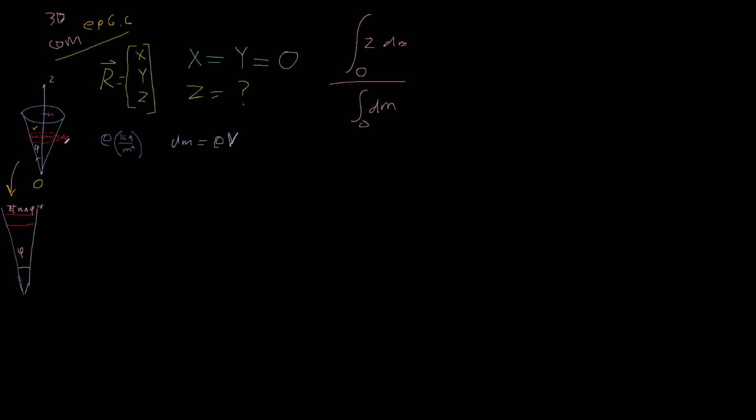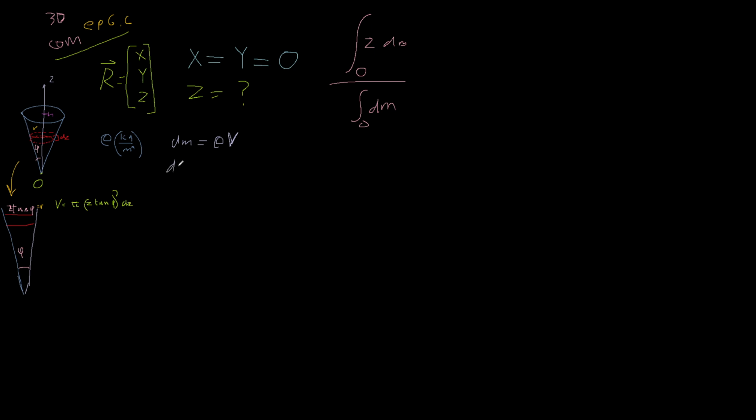So what is the volume? It's area times height, so big V is equal to pi times this radius squared, Z squared tan squared phi, times dz.